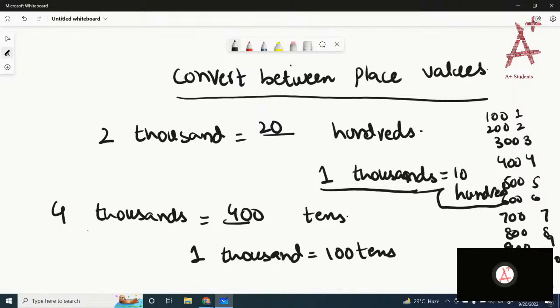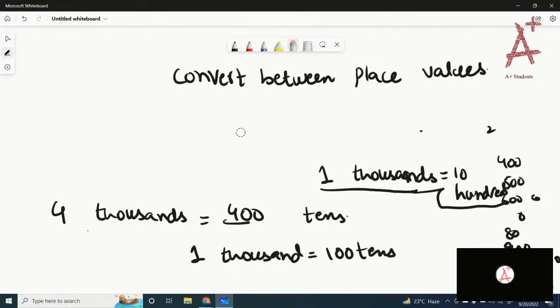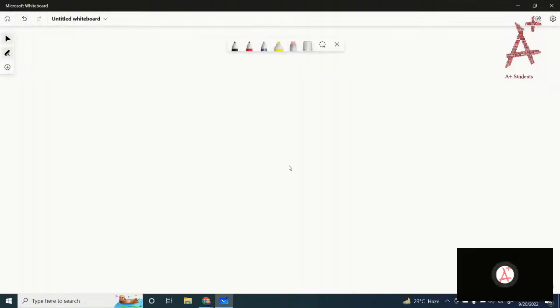Okay, the next one is how many hundreds equals 50 tens?